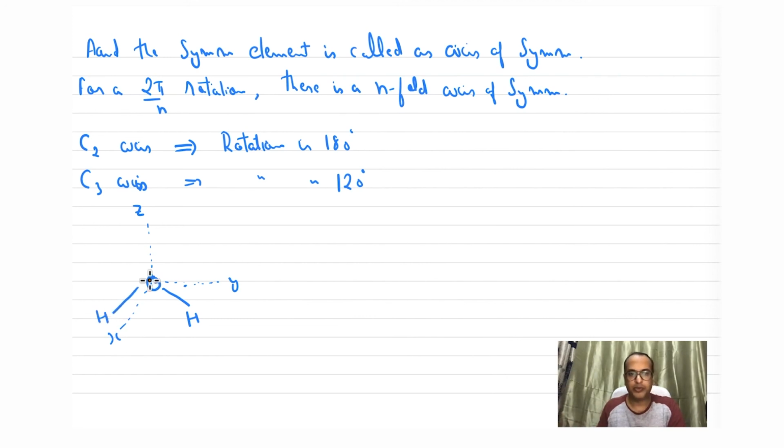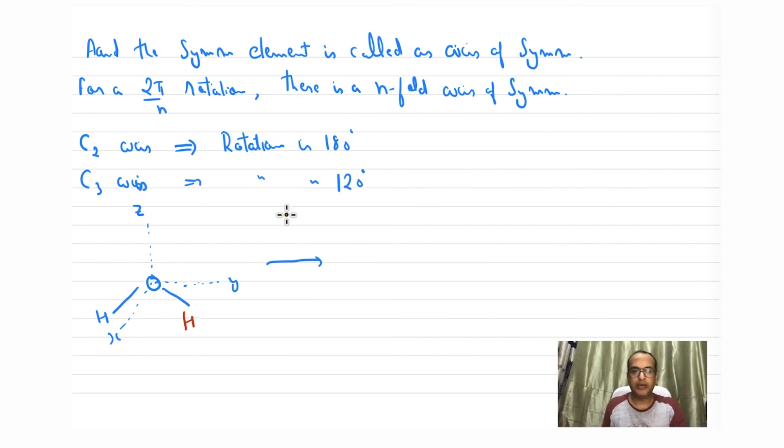The angle is the standard water angle, and the YZ plane is the plane of the board. X is coming out of the plane. This is how I'm going to draw all my coordinates all the time. Let me color one H differently so that we can differentiate the two hydrogens.